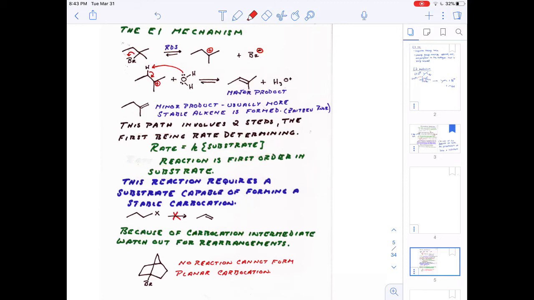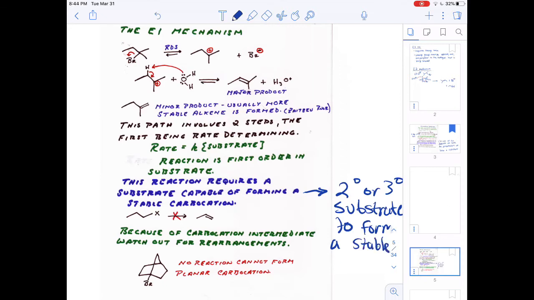So to have a stable carbocation, what do you typically need? You can answer that in your head. But basically, you have to be a secondary or tertiary substrate to form a stable carbocation.